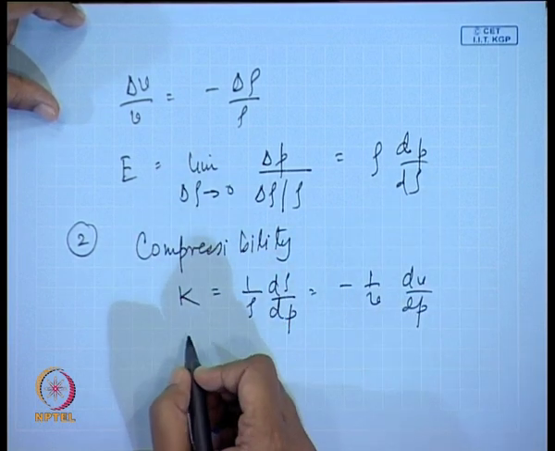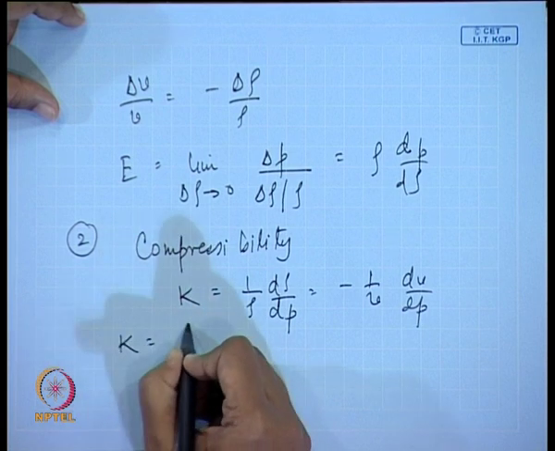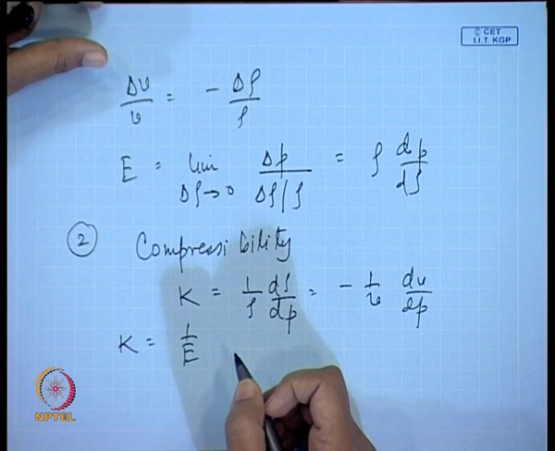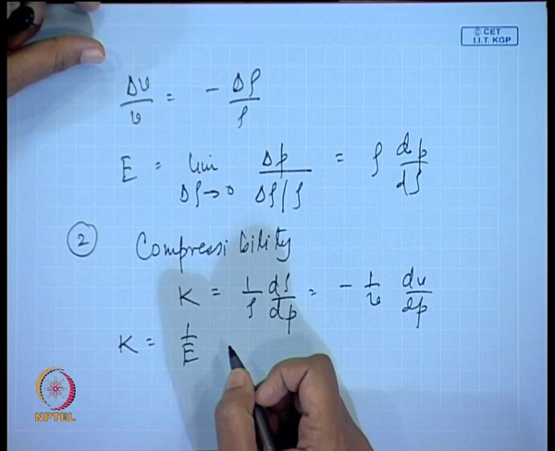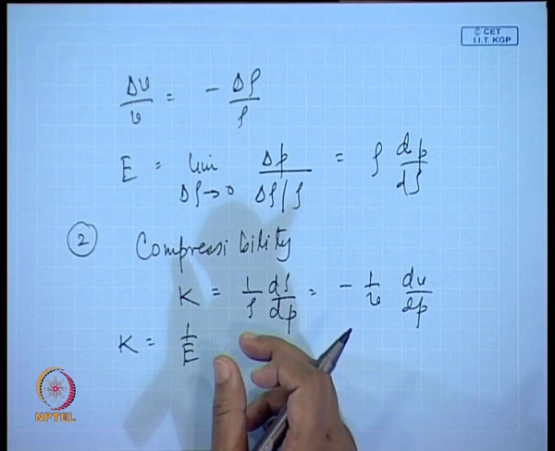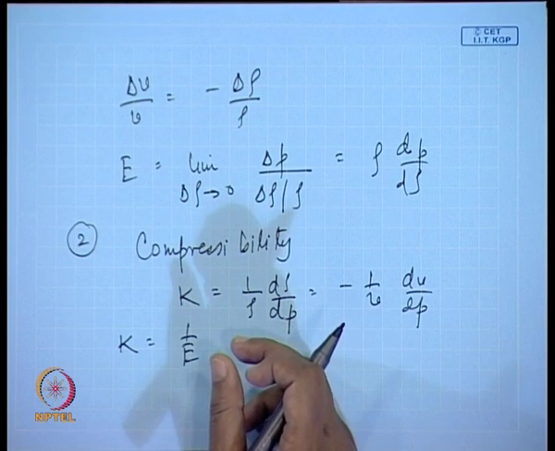Comparing these two, you can understand that kappa is equal to 1 by E. Now, remember one thing: whenever we are dealing with any gaseous substance and we try to compress it, a change in pressure changes its volume and it also changes its temperature.